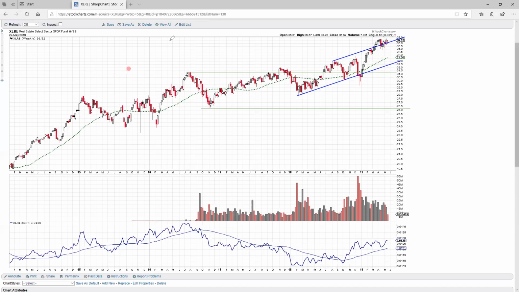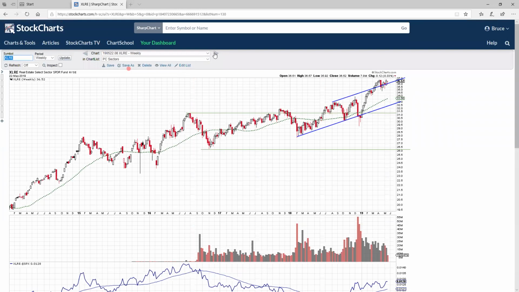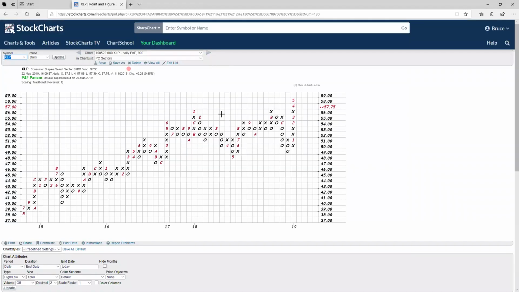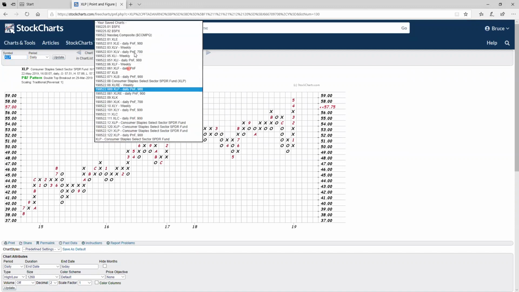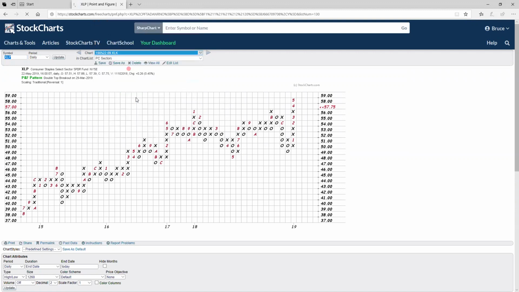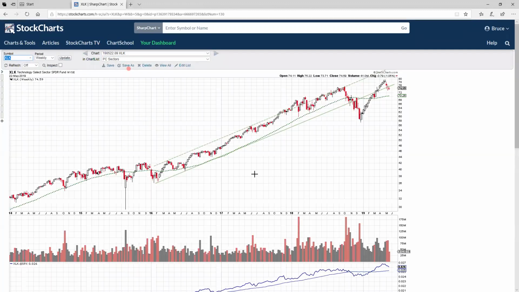Okay. There we go. And then finally, we want to look at technology. Technology is really an interesting theme. Okay, so you can see here with technology, we have a long-term trend line. Now, notice this trend line is made on two points back here in early 2016.